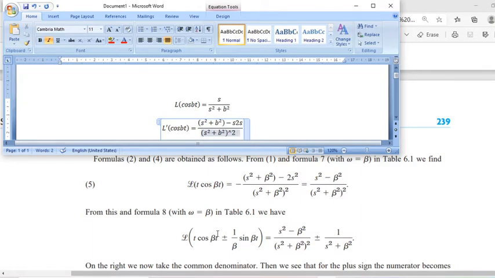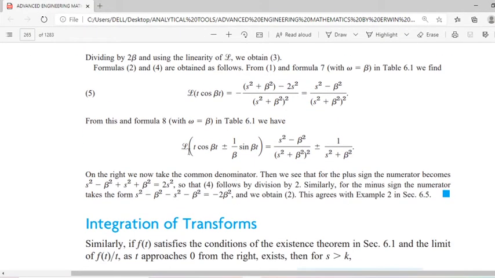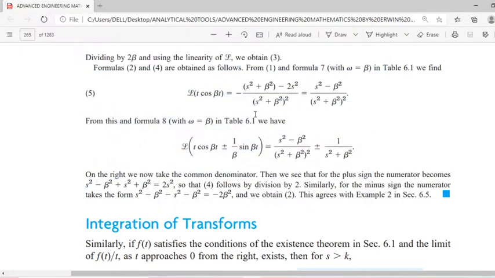So normally we can apply these two equations, equation number 4 and 5. Then what is L of t cos beta t? Minus F dash of s. So we will put one minus sign here and we will get the result like this. So what is L of beta t cos beta t plus or minus 1 by beta sin beta t?